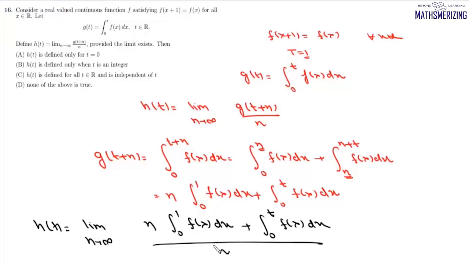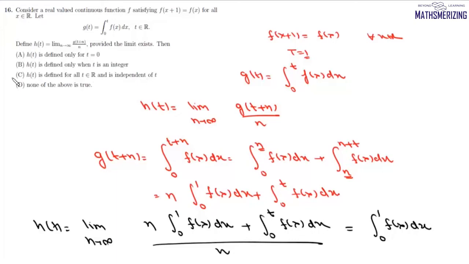Now we split it in two parts. This n and n will cancel, and 1 upon infinity will be 0. So this h(t) will be nothing but the integral from 0 to 1 of f(x) dx, which is a constant function. So this h(t) is defined for all t belongs to R, and it is independent of t, and that's here option C.